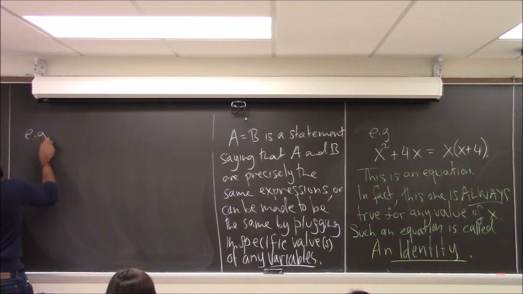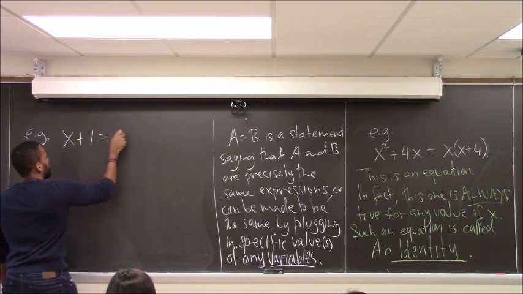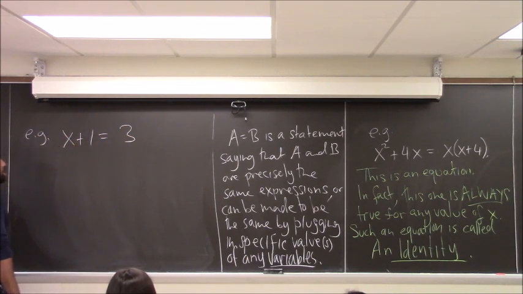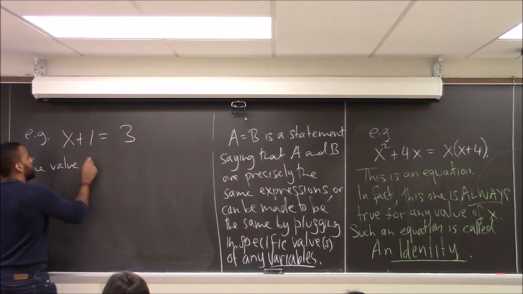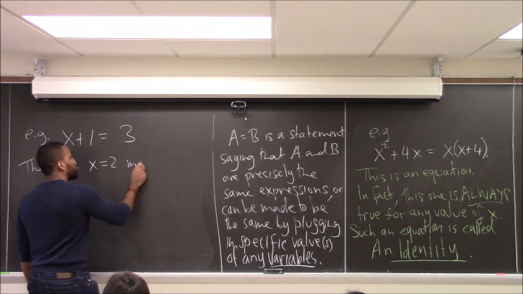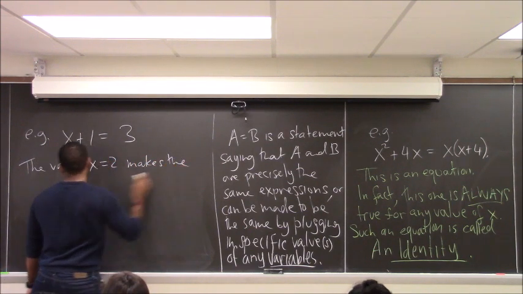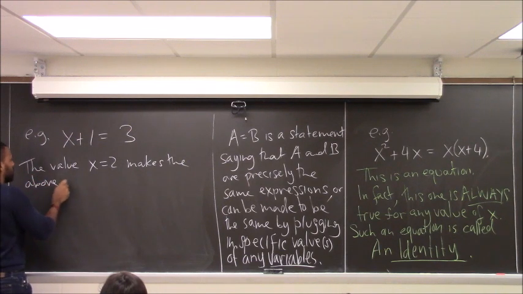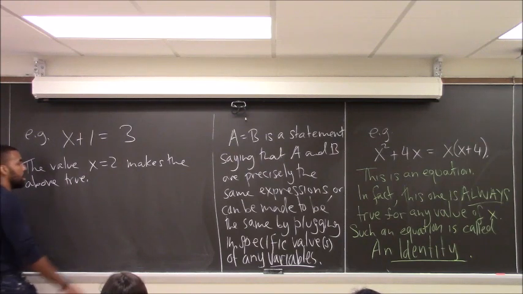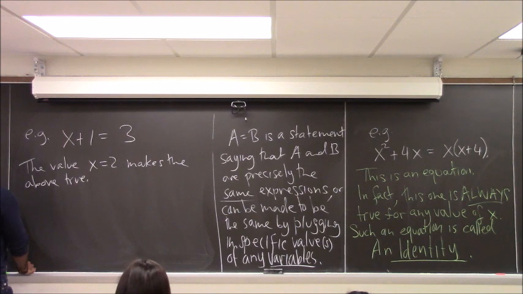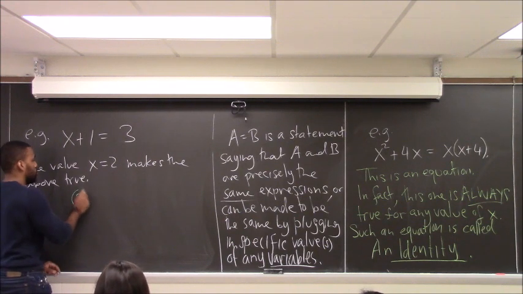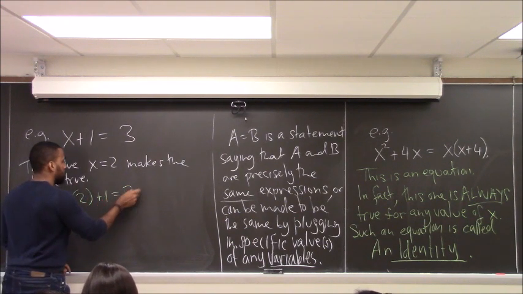Another example is x plus 1 equals 3, and this is an equation, again, because of the equal sign. The value x equals 2 makes the above true, meaning when I plug in x equals 2, both sides give me the same thing. If I plug in 2 plus 1, I do get something equal to 3.